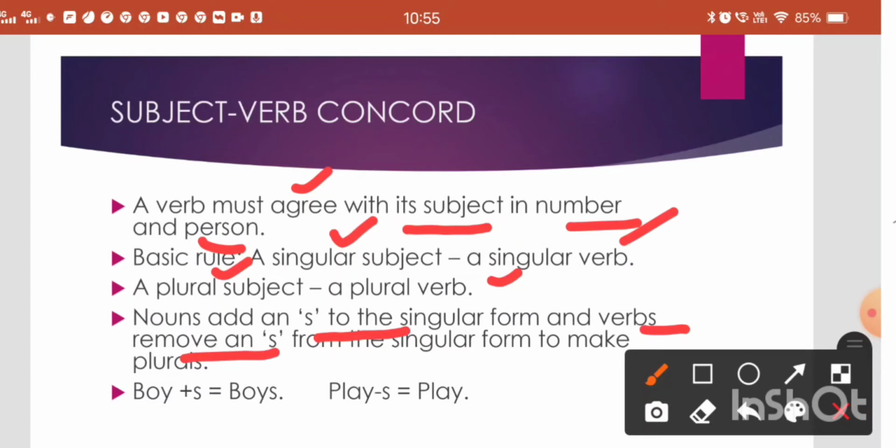Okay, so remember that. For example, boy, and I have added S. So the word becomes boys. That is noun, plural noun. In the second one, play, and I remove S. So play is a plural verb.